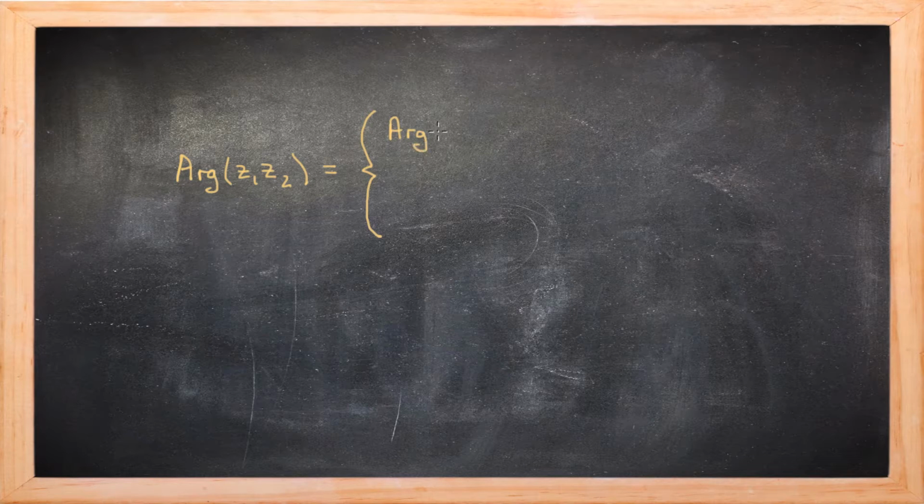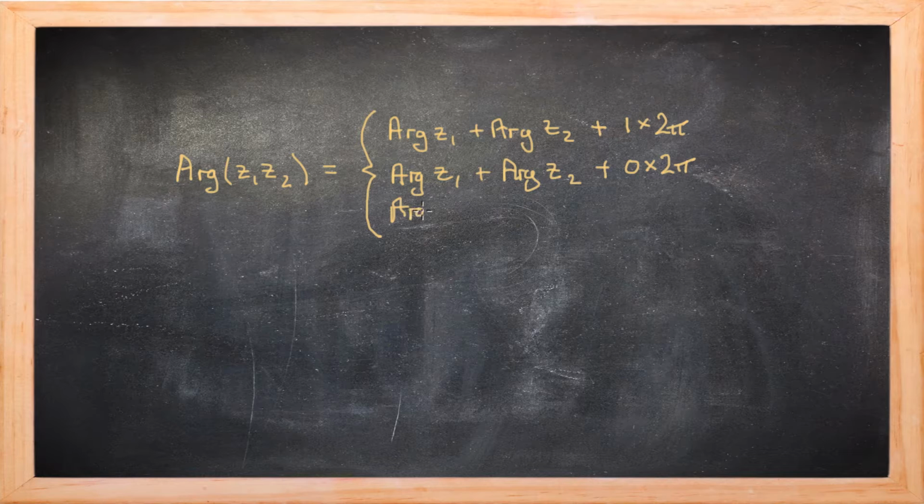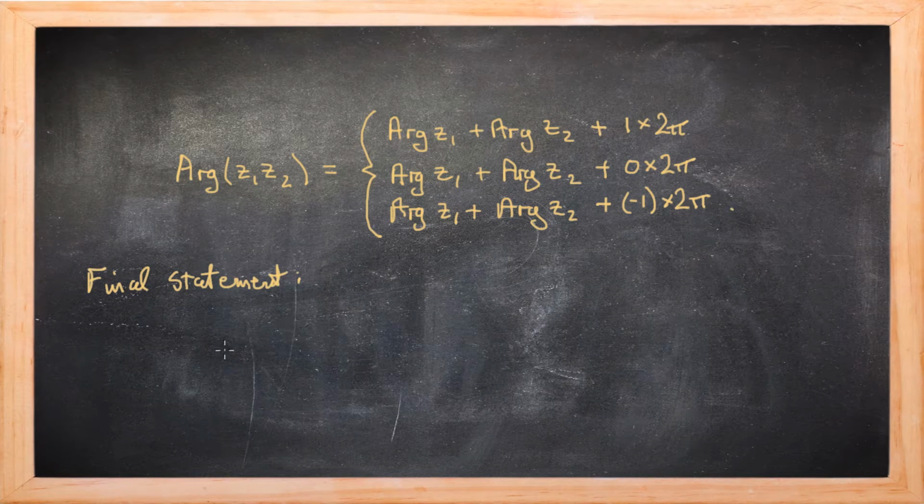We have arg z1 plus arg z2, and we can add 2 pi. There were situations where arg z1 plus arg z2 actually gave us the correct argument, and finally a situation where we add the two of them and we had to subtract 2 pi.